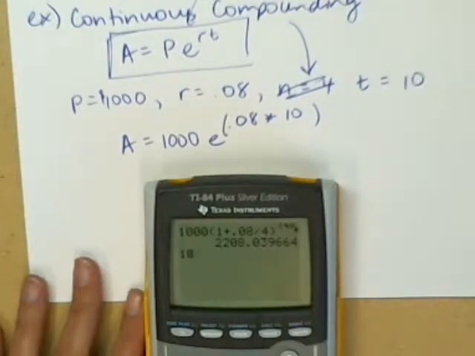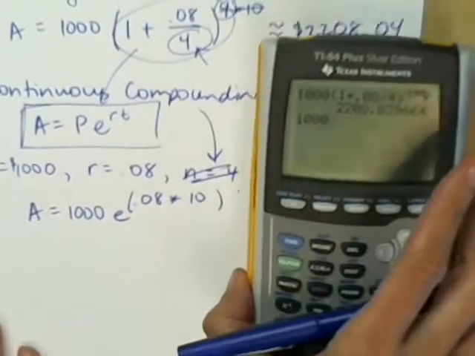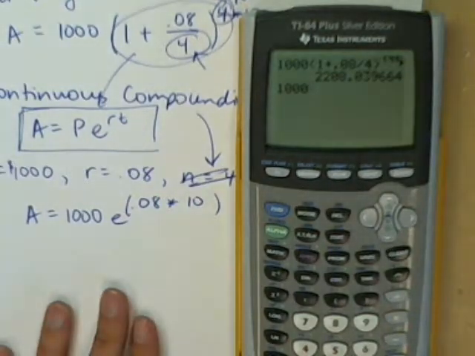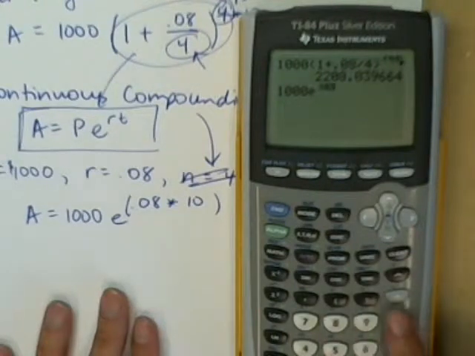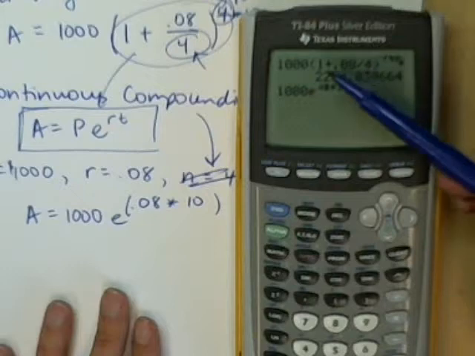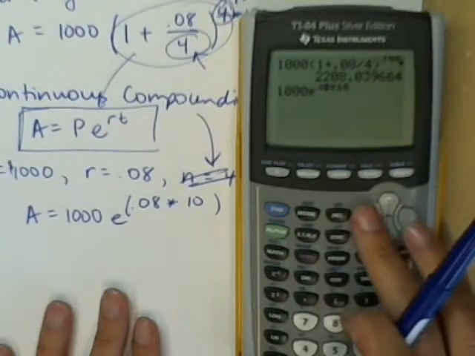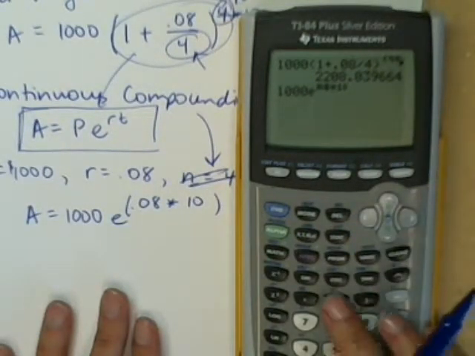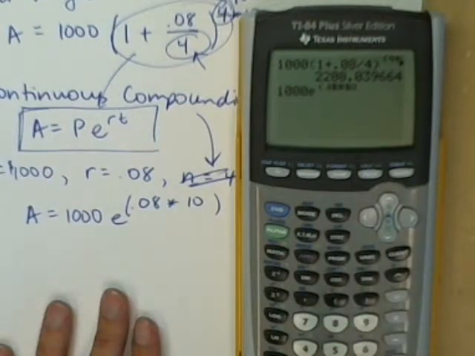So 1,000, and I'm going to go ahead and grab e by going to the ln key, so second ln, to get e to the 0.08 times 10. If your values don't show up in the exponent there, then you should put parentheses. So you should do parentheses 0.08 times 10, close parentheses.